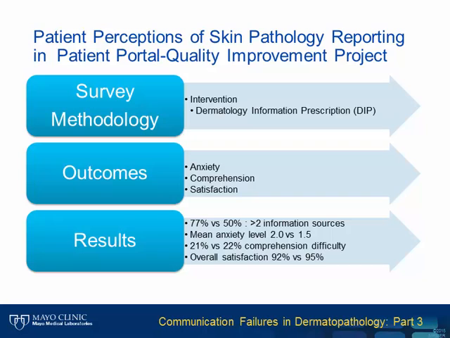There were no statistically significant differences in mean anxiety level, comprehension difficulty, or overall satisfaction with report review between the pre- and post-intervention time periods. Additional studies investigating the critical informational and decision-making needs of patients and caregivers, and design of interventions in the patient portal and pathology report that support patient-centered care in diagnostic pathology are required.